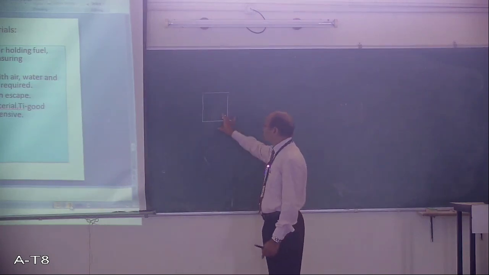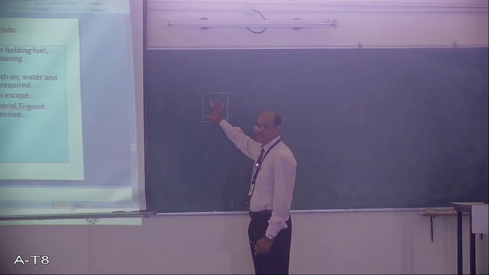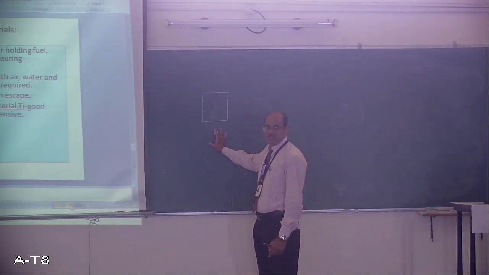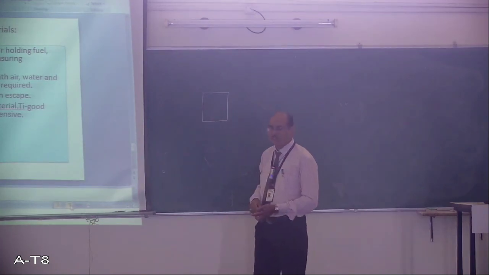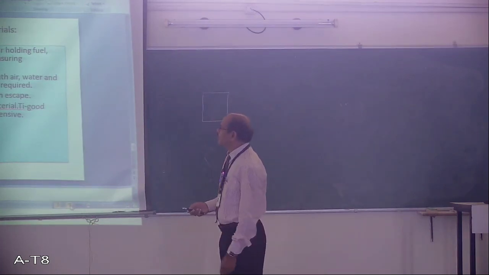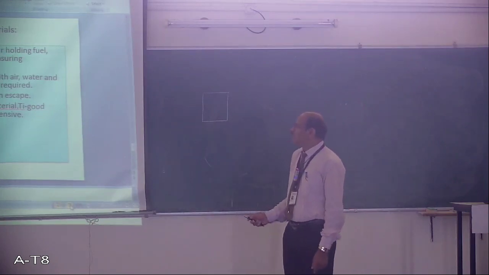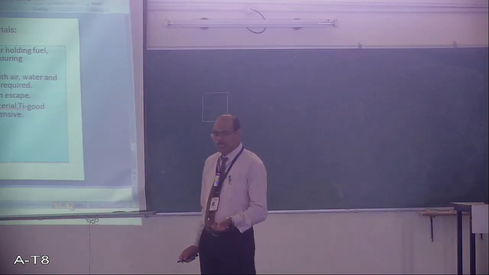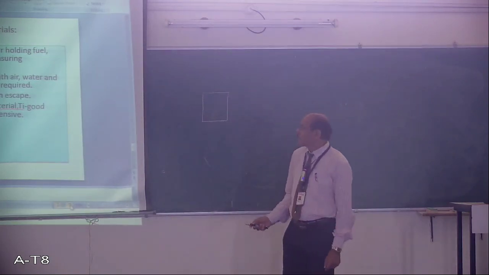If you want to use the measuring instrument, you have to hold it properly so that it can tolerate the temperature generated there. So the proper type of material should be used. The purpose of this structural material is mechanical support for holding fuel, coolant, control rods, and measuring instruments, right? Okay.